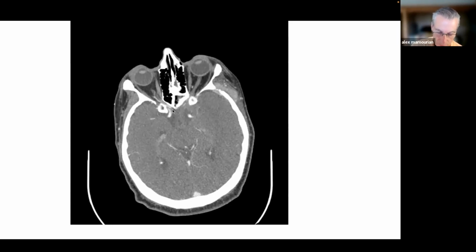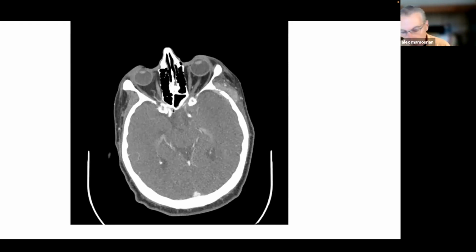You're starting to see the ophthalmic artery. Now, in terms of the anatomy of the carotid, some of you may have learned that the ophthalmic artery is a good marker for the distinction between the cavernous carotid and the intradural carotid.